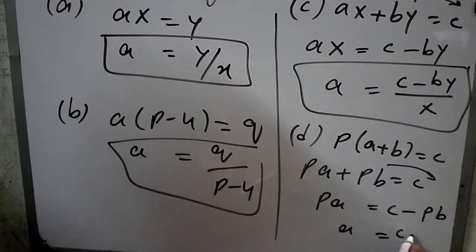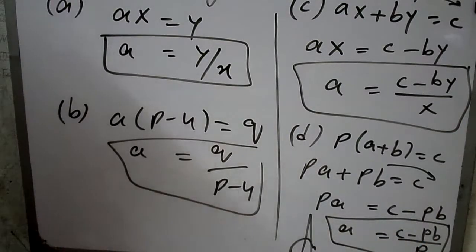The value of A is C minus PB divided by P, because you need the value of A, the multiplied term should be divided to the other side, so that is your required result.